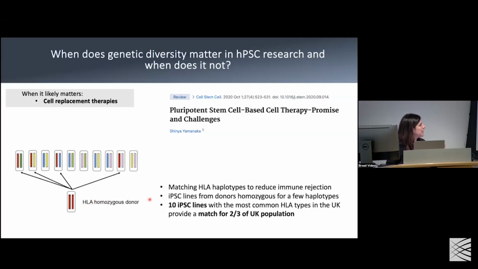One can select induced pluripotent stem cell lines that are homozygous for a number of HLA haplotypes in a way that you can capture the majority of a given population. In this case, only 10 iPSC lines would provide a match for two-thirds of the UK population.